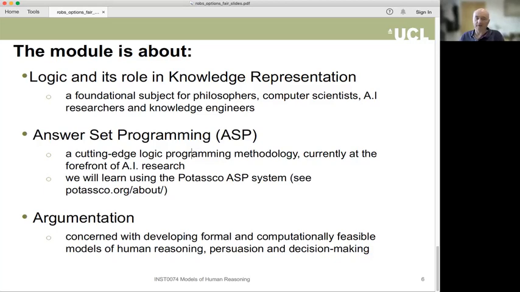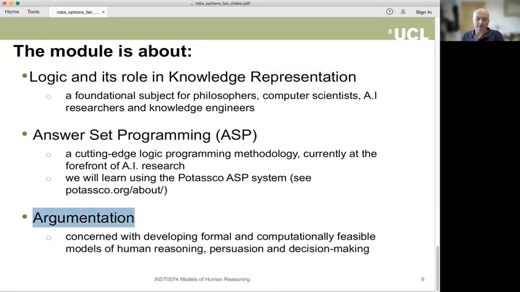And we'll be learning that in a very practical way using the Clingo ASP system that's available on the web. So that's the first half that I'm teaching of INST 0074.